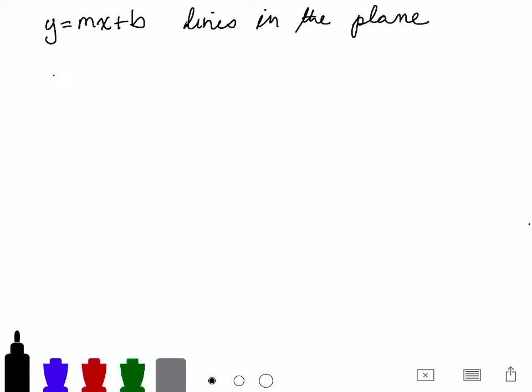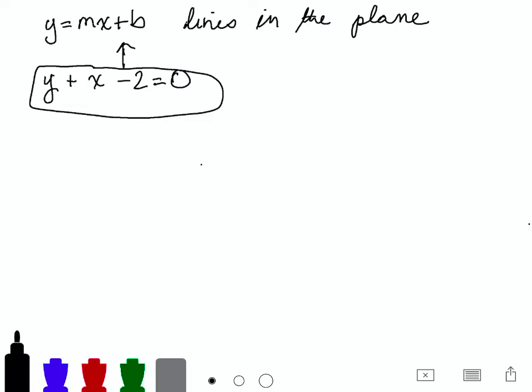So now let's do another example of an equation for a line. This is still the equation of a line, even though it doesn't look like this, because you can just rearrange the terms so that y is isolated. y equals negative x plus 2.